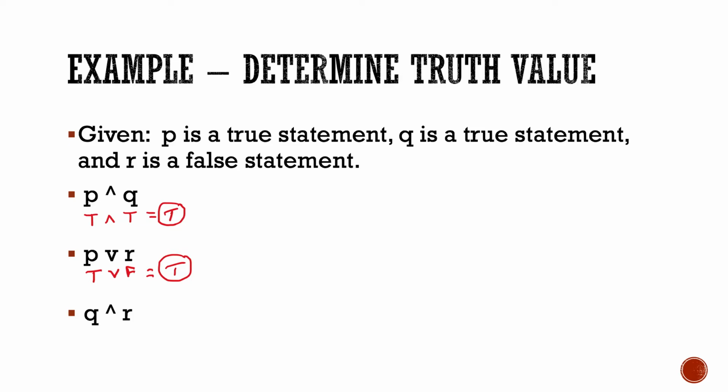For the next one, Q and R. The truth value for Q is true. I'm going to put the and symbol in. And now I need the truth value for R. R is false.